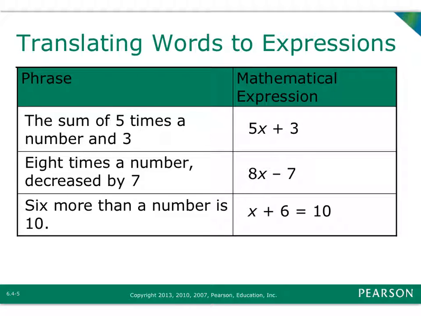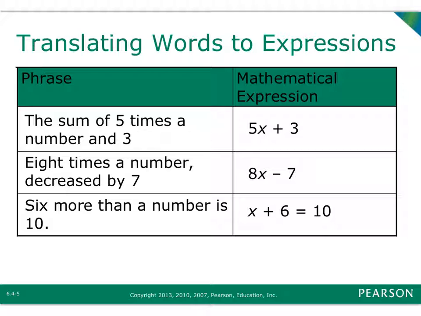The sum of 5 times a number and 3, 5x plus 3. 8 times a number decreased by 7, so it's 8x minus 7.